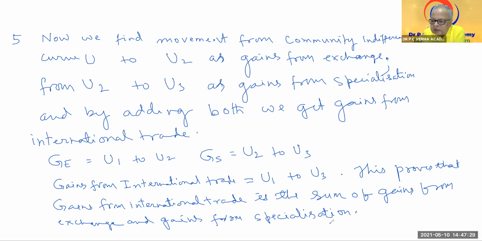So international trade leads to economic growth if the country's production increases. Increase in production means increase in economic growth. That's all.